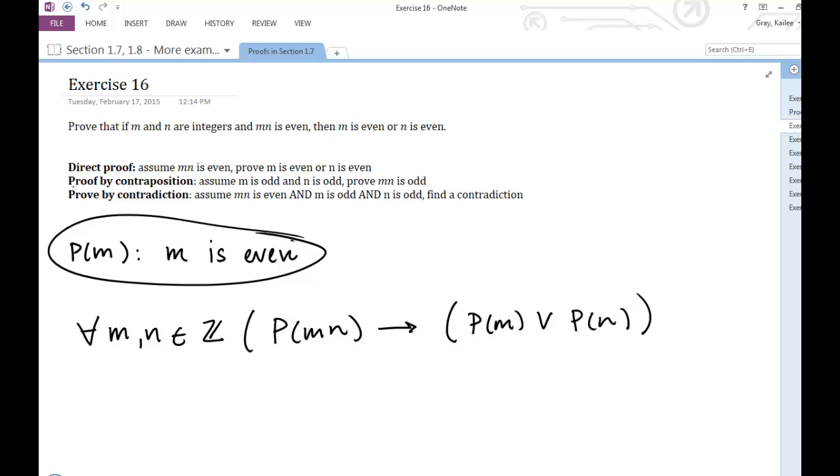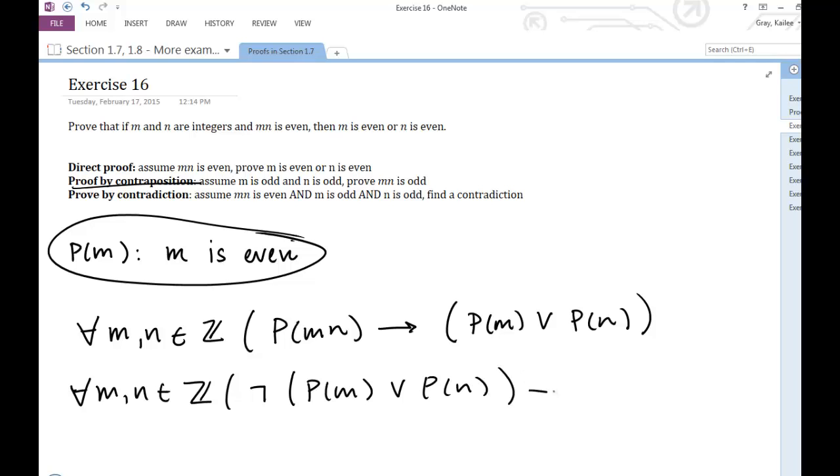If we want to do this proof by contraposition, remember the contraposition of this statement would be, we leave our quantifiers alone, the negation of the conclusion implies the negation of the hypothesis.